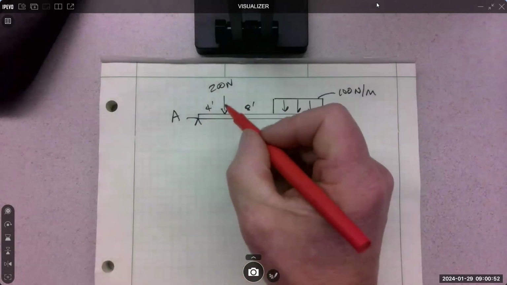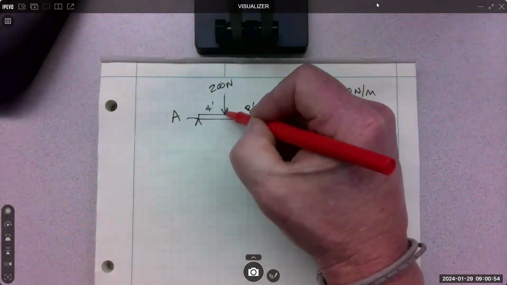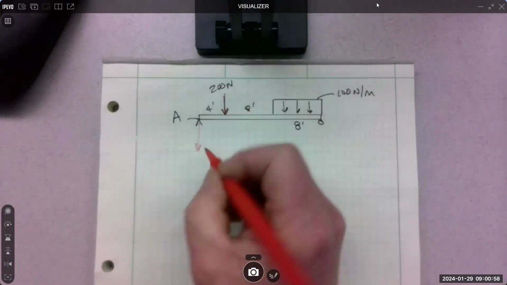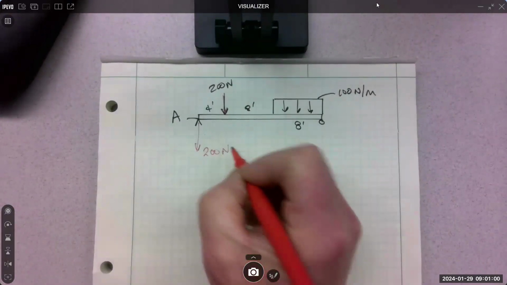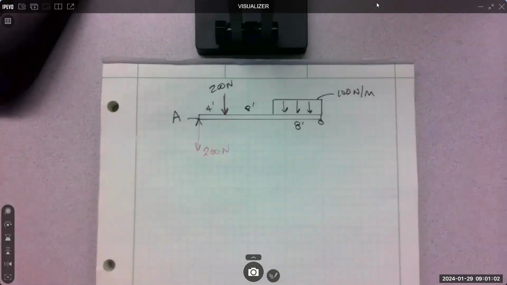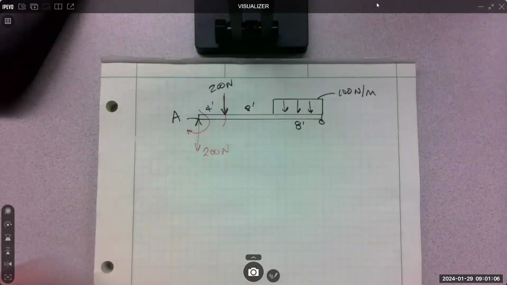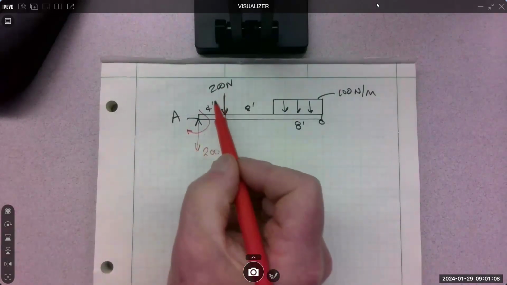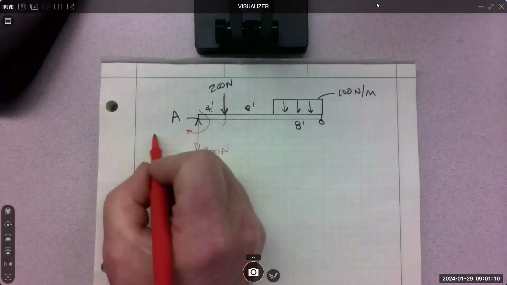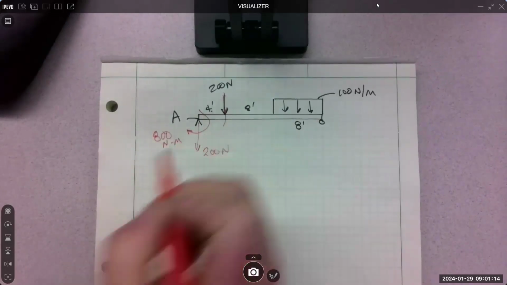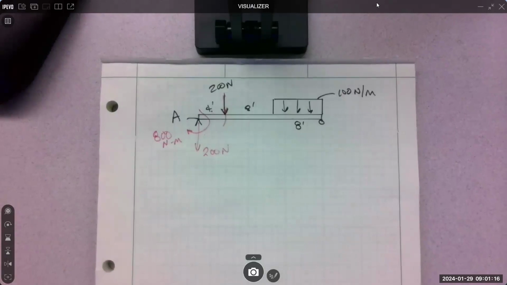Well, we know how to do it when our concentrations are here, like this 200, right? We just move it over. 200 newtons. And then we find the moment. It's going to create a moment like that, and it's going to be 200 times 4. 800 Newton meters. Right? That's how we move vectors.